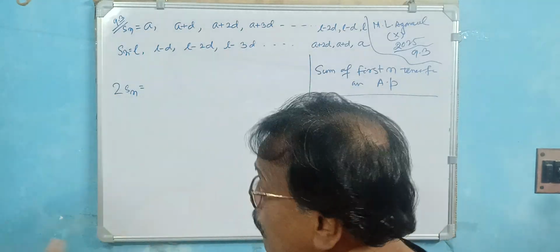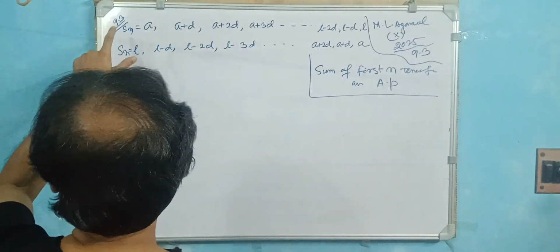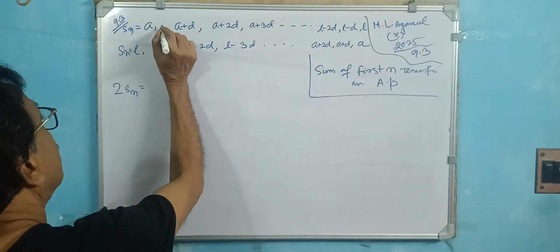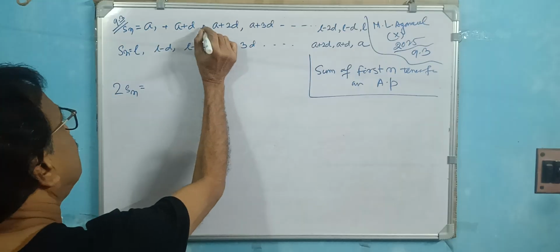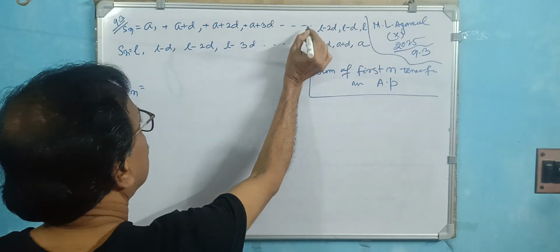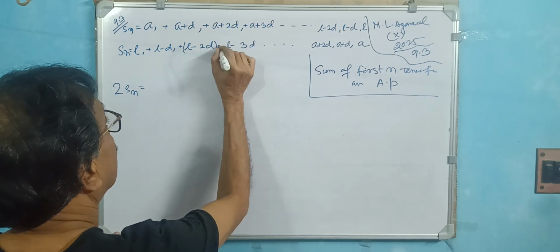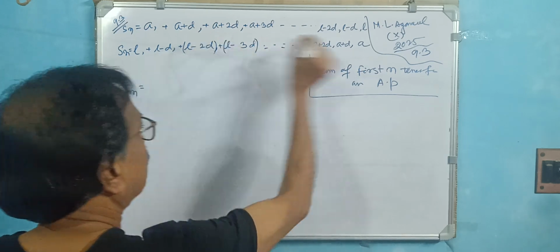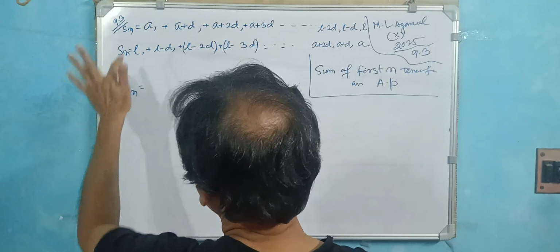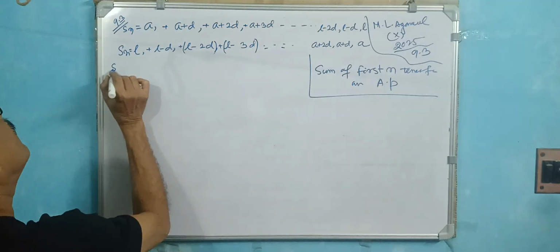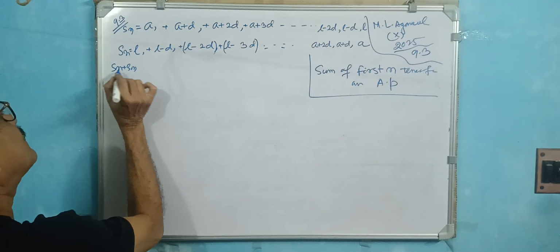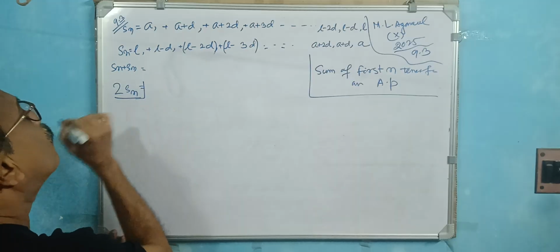Suppose you add them, using brackets. So in this way you write Sn plus Sn, that is 2Sn, no problem.